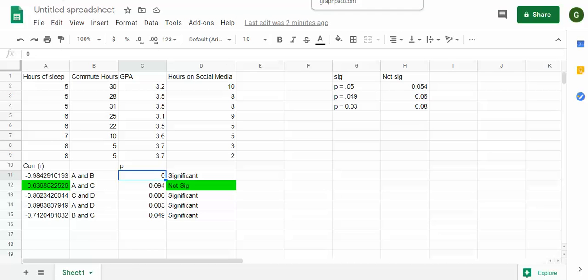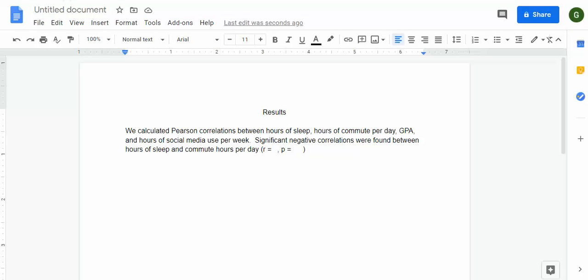And then I would move on, and I would talk about this next negative correlation, which is between C and D, which is GPA and hours on social media. So I'm going to keep my wording consistent and say hours of social media use per week.